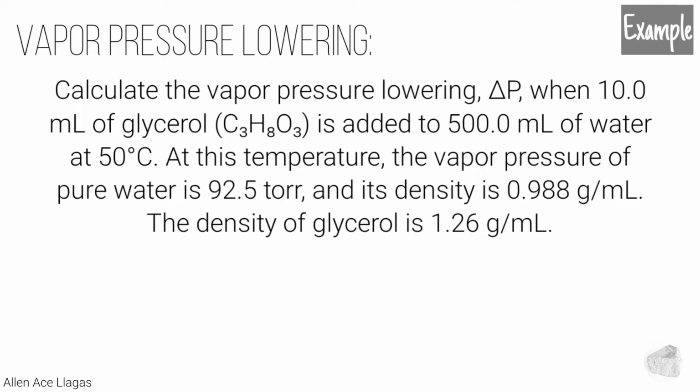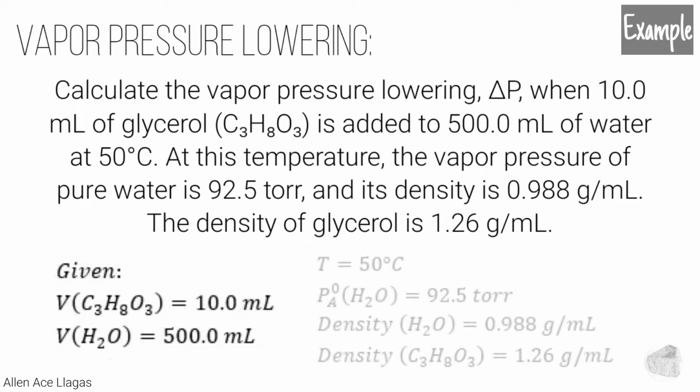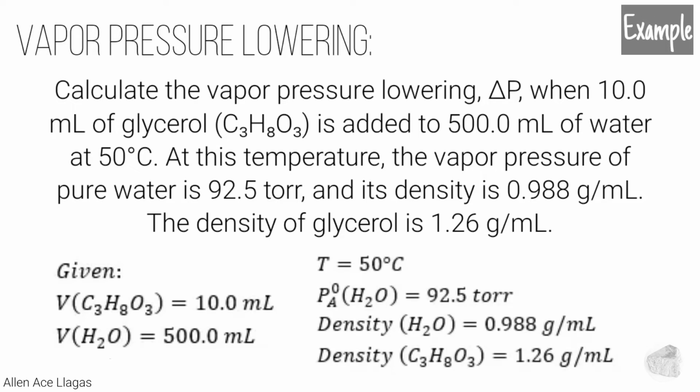Our givens are volume of glycerol at 10.0 mL, volume of water at 500.0 mL, the temperature at 50 degrees Celsius, vapor pressure of water at 92.5 torr, the density of water at 0.988 grams per milliliter, whereas the density of glycerol is 1.26 grams per milliliter.